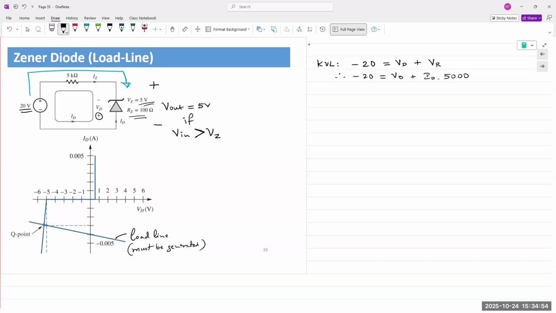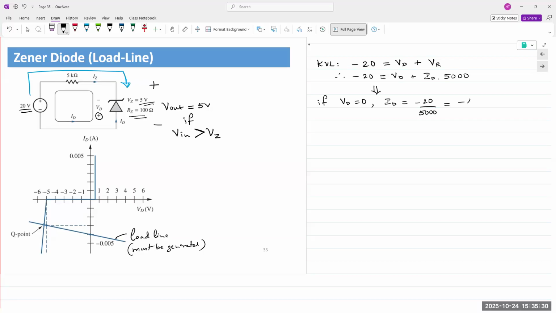In an exam or a quiz, you would be given the characteristic and would be asked to generate the load line. To generate the load line, you need 2 points. Those 2 points are the intersection points with the X and Y axes. To find those intersection points, we substitute the X value equal to 0 and find ID. So ID would be minus 20 over 5,000.